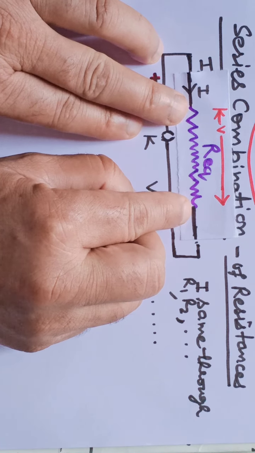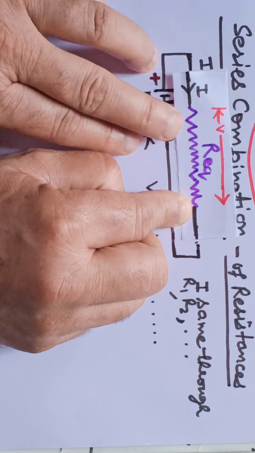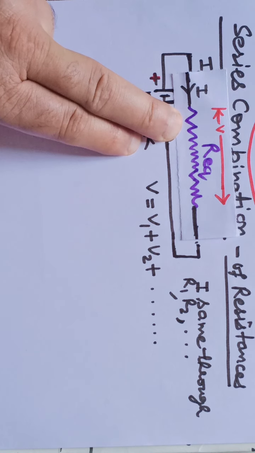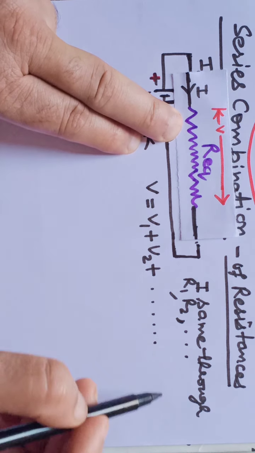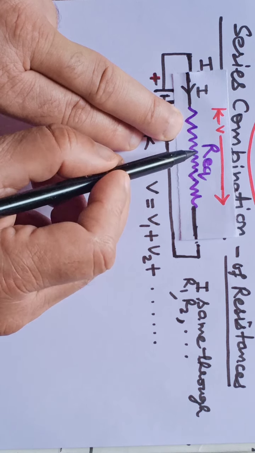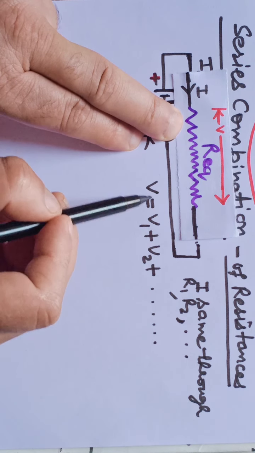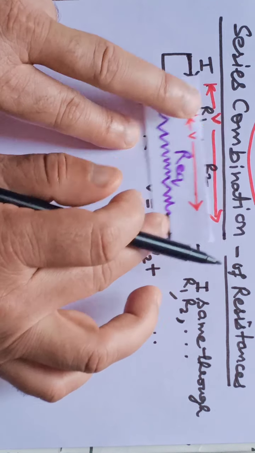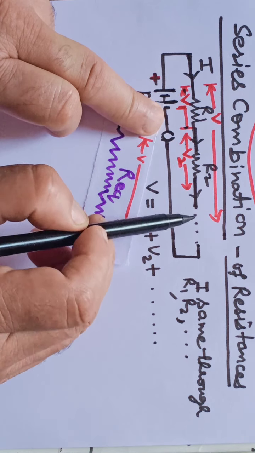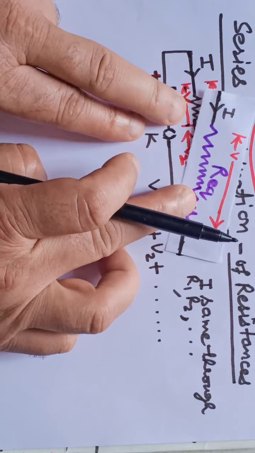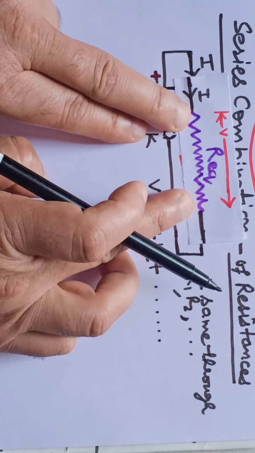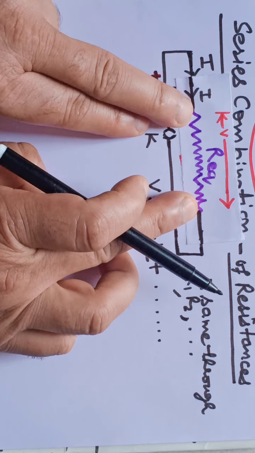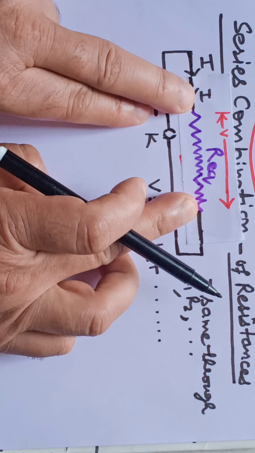So let me want a single resistance R equivalent, and instead of all these resistances, let R equivalent be the net resistance of these resistances R1, R2, R3 in series. So we have to find out the relationship between R1, R2 and R equivalent.